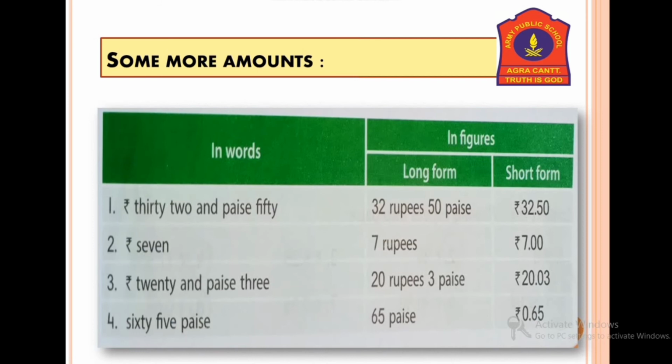So after point we have written 03. So this 03 represents paise. Whenever the paise are given less than 10, we'll put a 0 before that number, that is after the point. So we have written 03 for paise 3. So this is what you have to keep in mind.